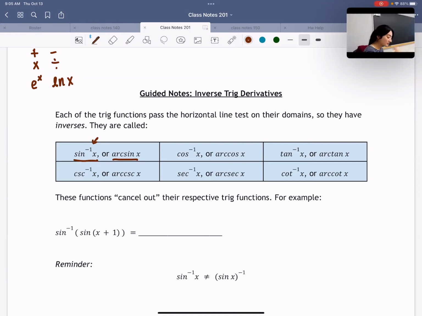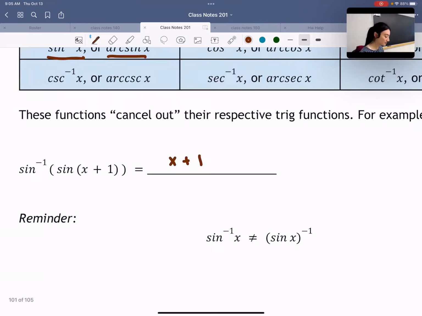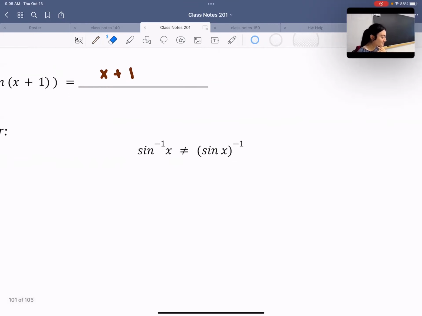Since these functions are inverses, they cancel out their respective trig functions. For example, if I took sine inverse of sine of x plus 1, what would be left after I do this operation? x plus 1. Yeah, x plus 1. Just a reminder, these functions cancel out their paired trig function. I know there's a -1 in the notation for sine.